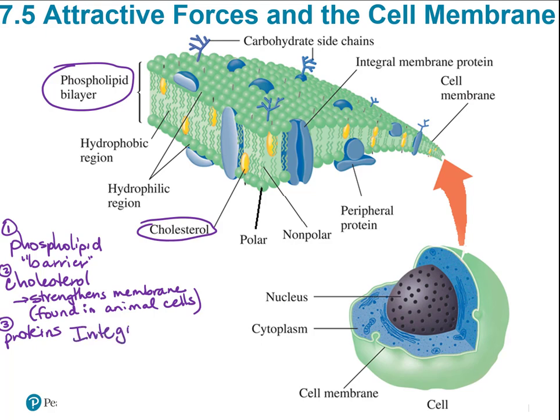They're called integral. They go all the way through the membrane. So here's a good example of an integral protein. When you look at that integral protein, what can you imagine it would be used for?